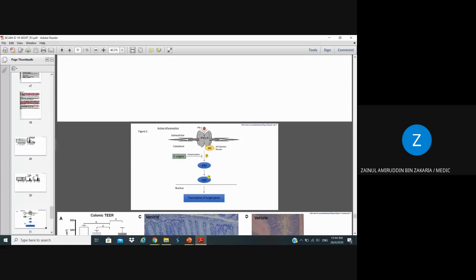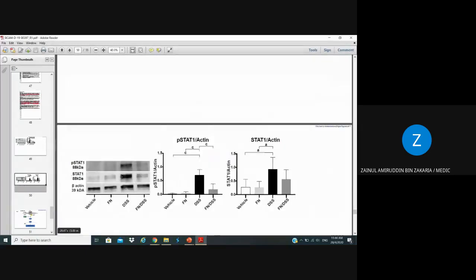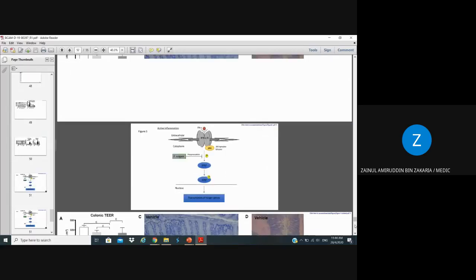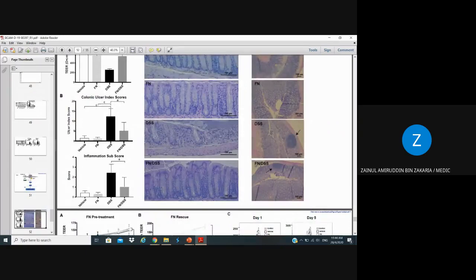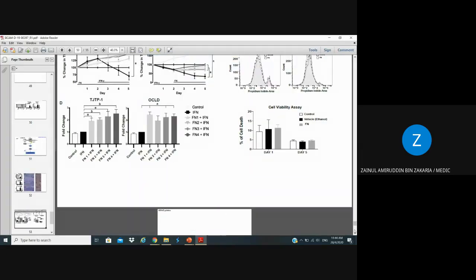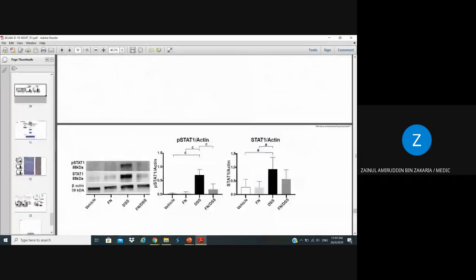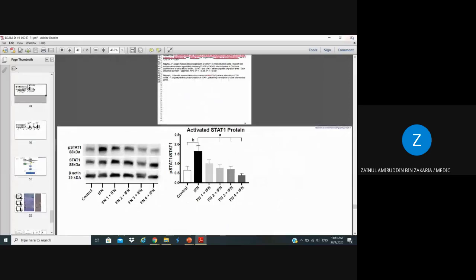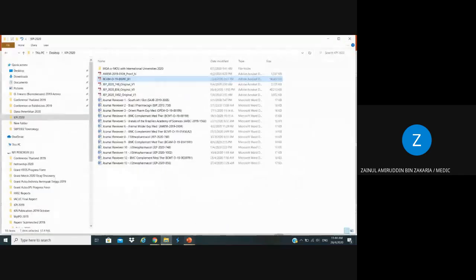So they do the protein expression study. You can see the STAT is expressed. They also carry out an in vivo study. So that means you need to do in vitro and in vivo when you do research. This is just for your information.